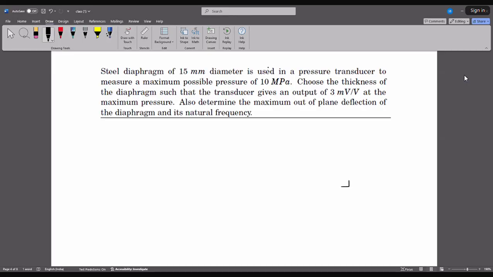So typically you have a chamber like this, and the one side is subjected to a pressure P1. Another side is exposed to the source pressure, which is P2. Let's say P1 can be atmospheric pressure, P2 can be the source pressure.